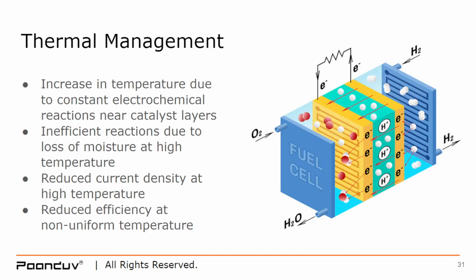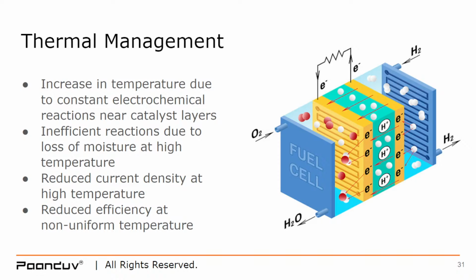So increase in temperature happens due to the constant electrochemical reactions near catalyst layers. So this is a typical fuel cell. You have anode and cathode, as always, and then you have some porous membranes in between, where a transfer of protons is happening, and electrons are moving through a circuit, right? This is how the electricity is basically produced, right?